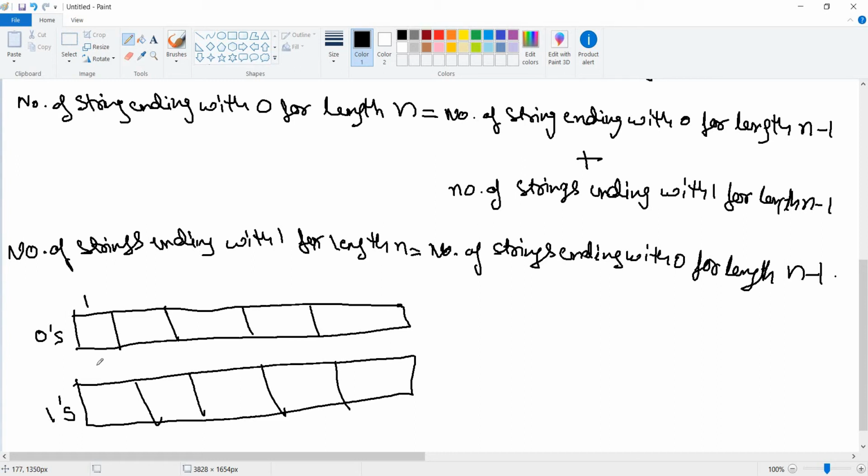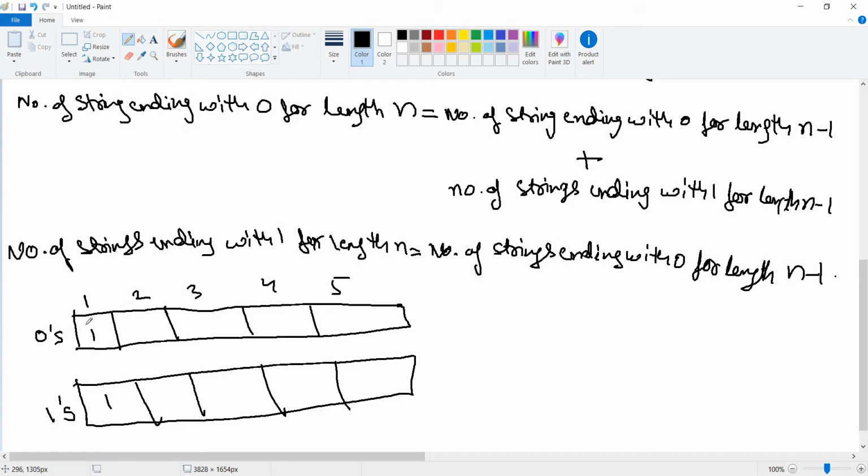Like the first index will save the answer for length 1, then 2, then 3, then 4, then 5. So we'll by default save 1 and 1 in the first index, because there can be only one possible string ending with 0, that is 0 itself. There can be only one possible string ending with 1, that is 1 itself. Now whenever I say string, I mean valid string. We are only considering the strings where there are no consecutive ones.